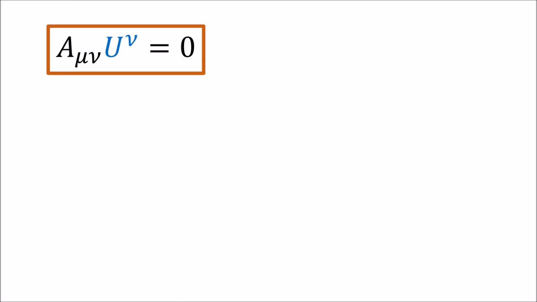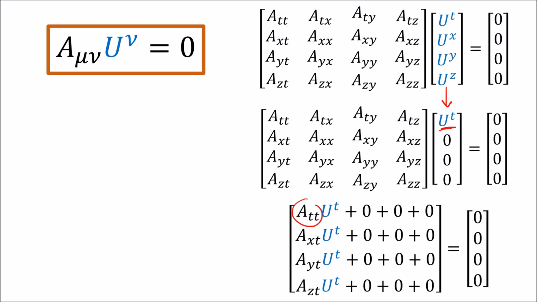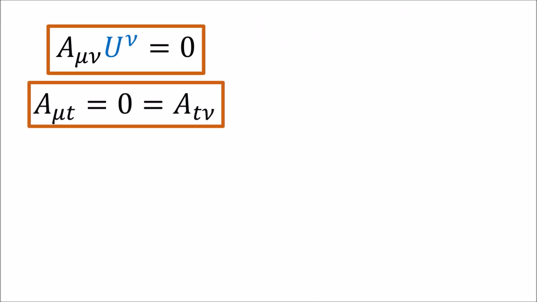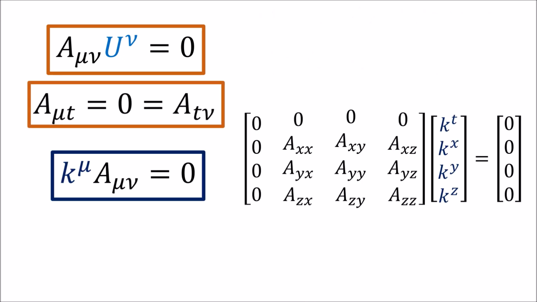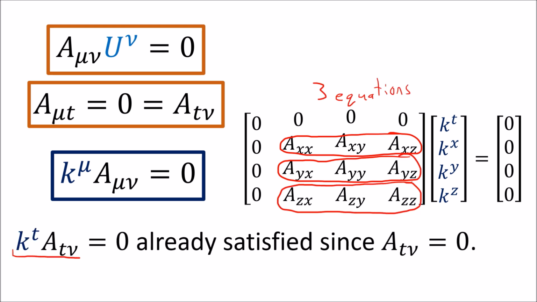To see why, imagine picking a 4-velocity vector where only the time component is non-zero. This results in all the A components with a t in the second index going to 0, which also causes the A components with a t in the first index to go to 0 as well, since A is symmetric. Because of this, the wave vector constraint now only gives us 3 meaningful equations, since the time equation is already satisfied for free because any A component with a time index already equals 0.